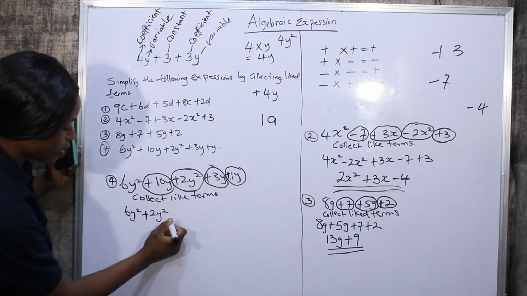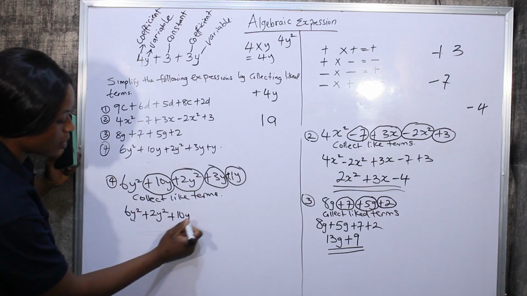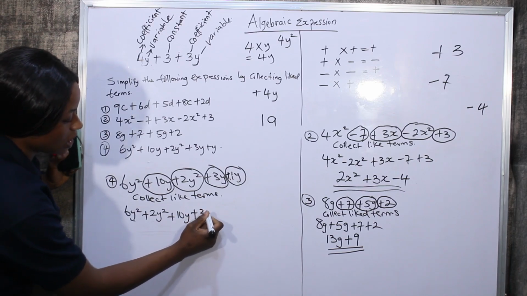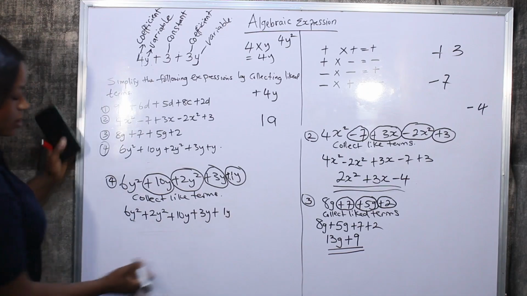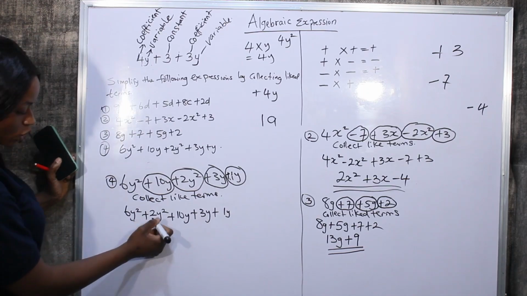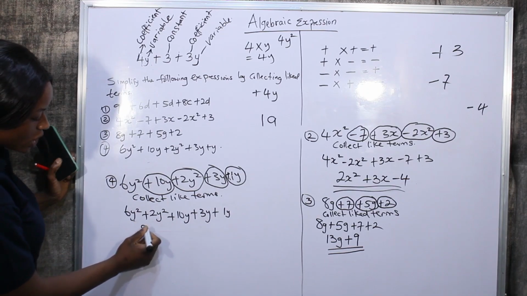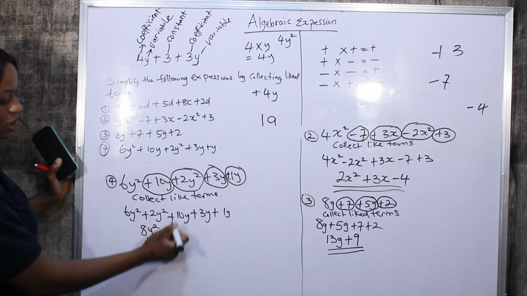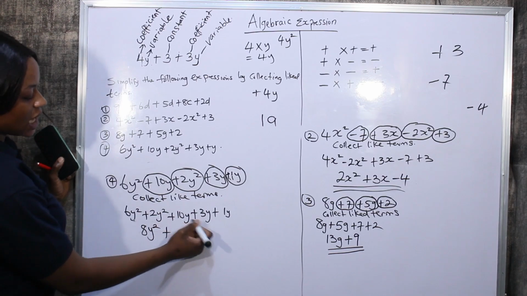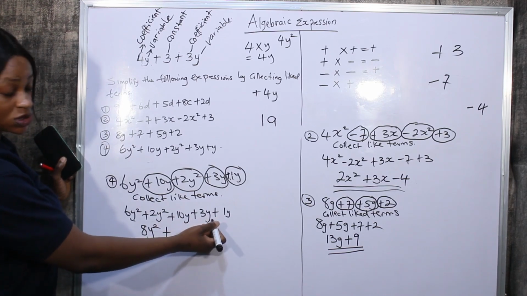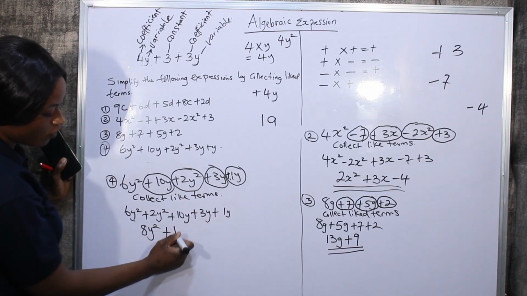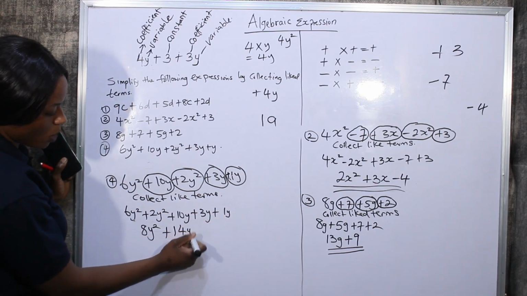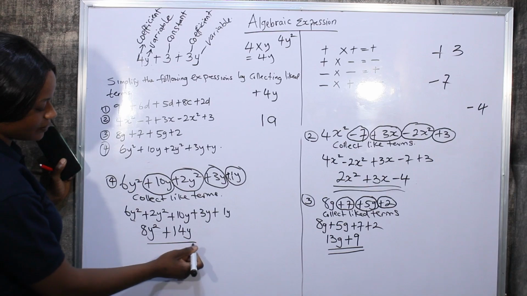So you come here now, plus 10y plus 3y plus 1y. So 6y square plus 2y square will give you 8y square, plus 10y plus 3y is what? 13y. Then plus 1y will give you 14y. So this is our answer.